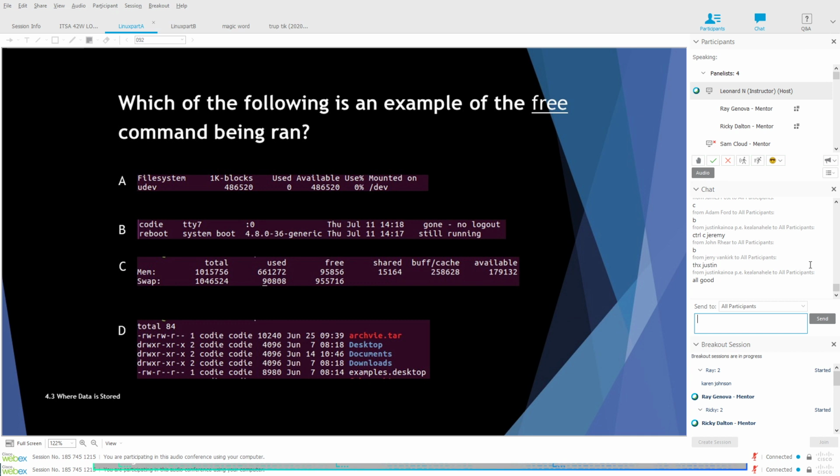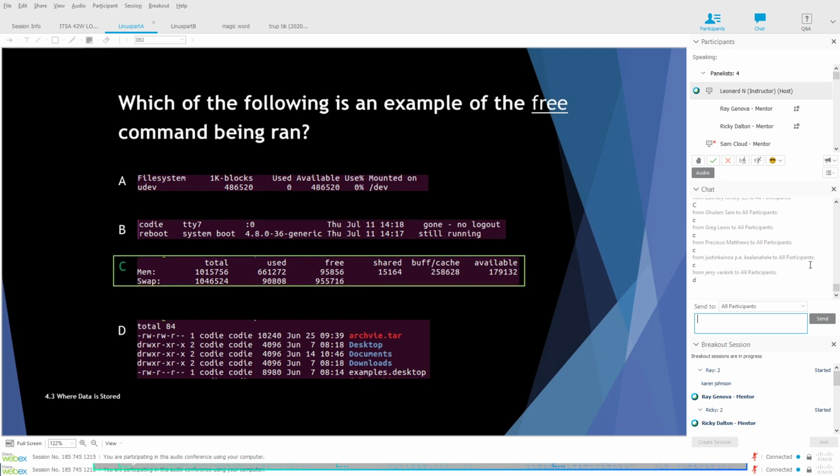All right, which of the following is an example of the free command being used? My favorite word. You say C, and you would be correct.